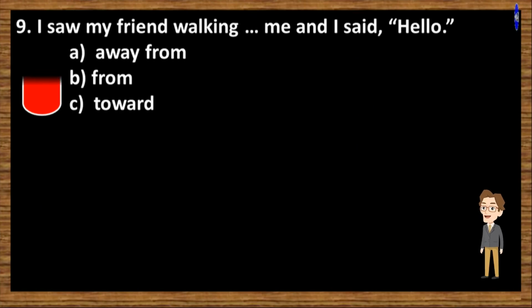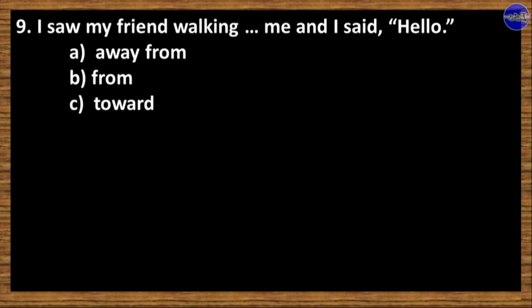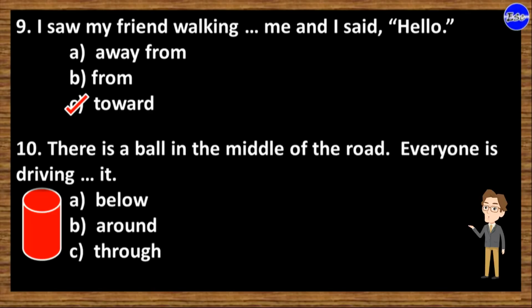A. Away from. B. From. C. Toward. 10. There is a ball in the middle of the road. Everyone is driving blank it. A. Below. B. Around. C. Through.